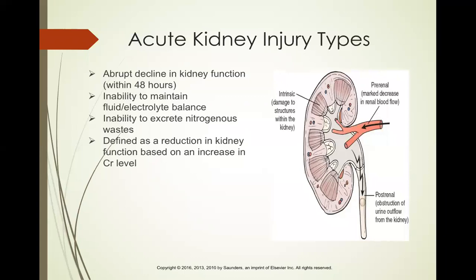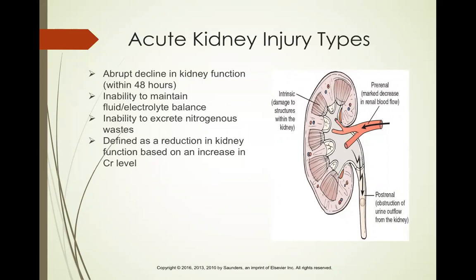The actual kidney injuries that can occur can be to the kidney itself, intrinsic damage, or it can be pre-renal. Pre-renal refers to the amount of blood flow that is going into the kidney, or post-renal, so the nephron in and of itself is working. However, there's a complication with the outflow.